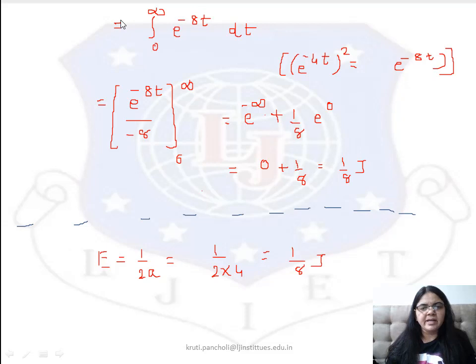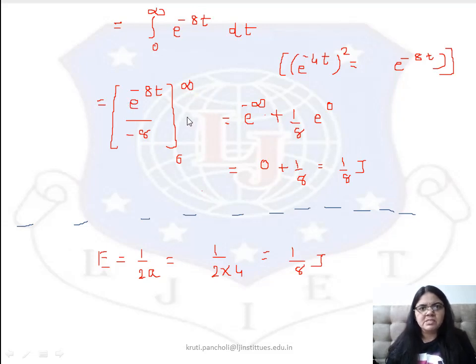Now we will take the integration of this. The integration is e raised to minus 8t upon minus 8, from 0 to infinity. Now put the limits inside this.